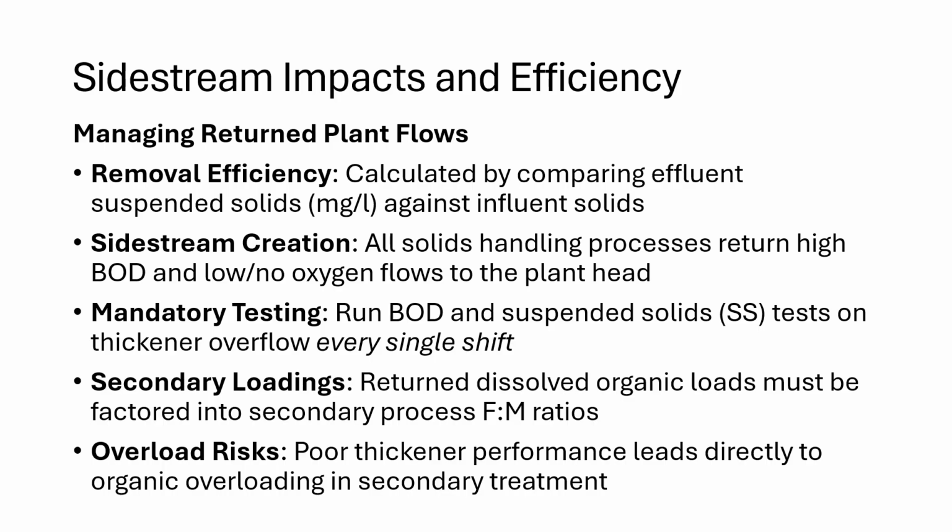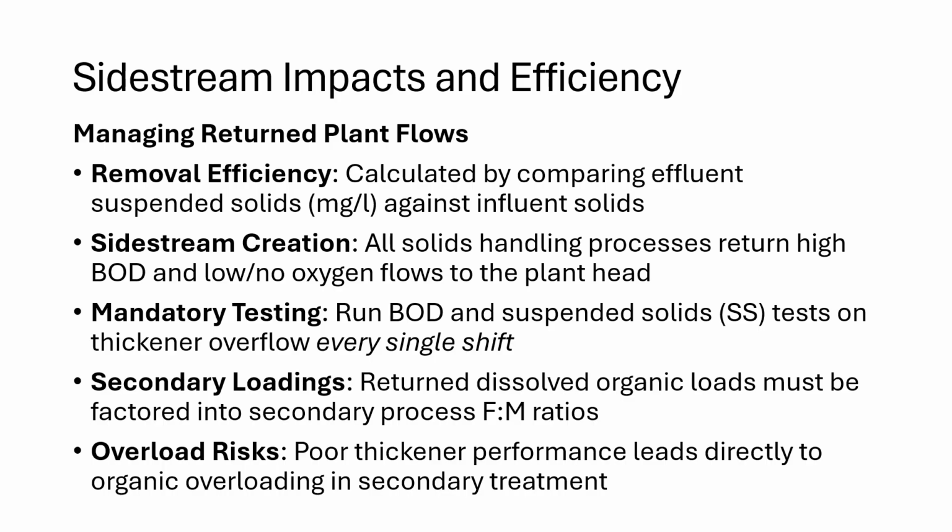We also have these side streams that we need to deal with, and they'll impact the efficiency of our process and what have you. The side streams, those are basically return plant flows. Let's say we had overflow on a certain process. We're not going to just send that on to secondary treatment or discharge it. So if we have these return flows from further up in the process, we have to manage that.